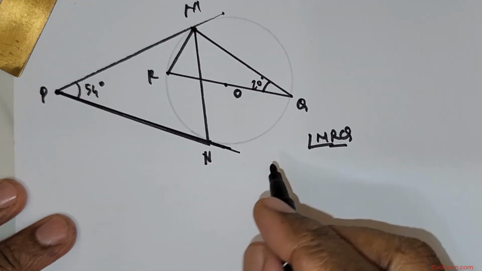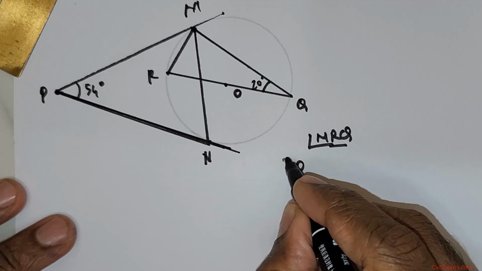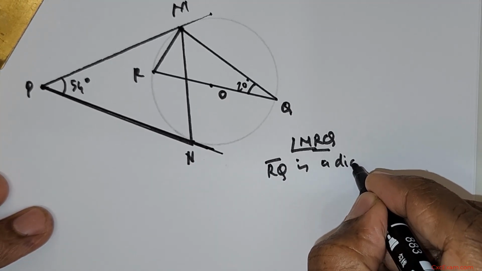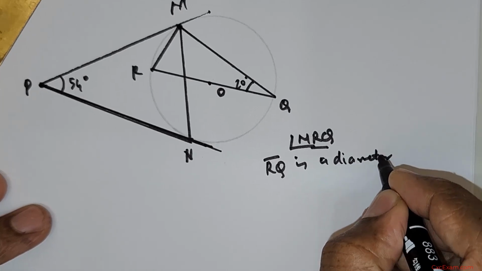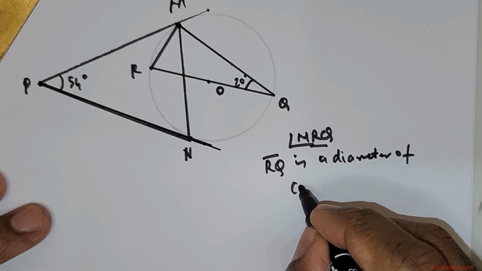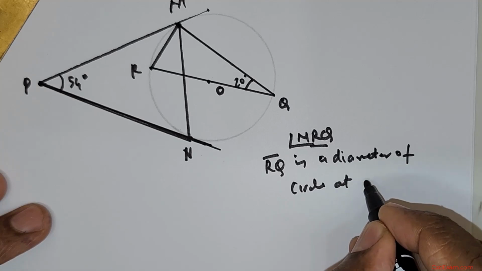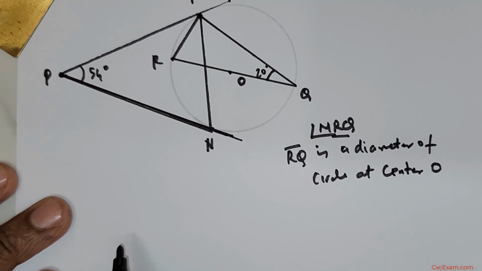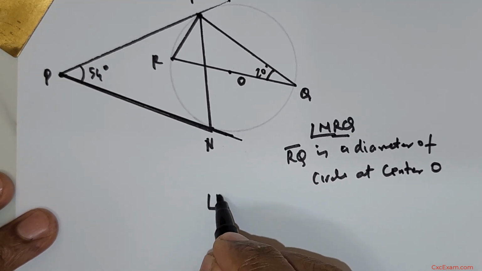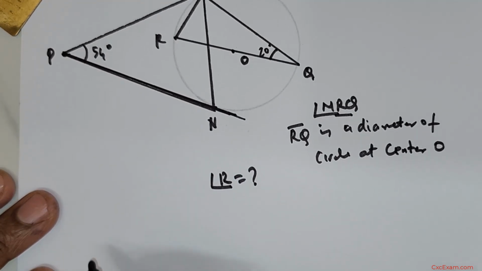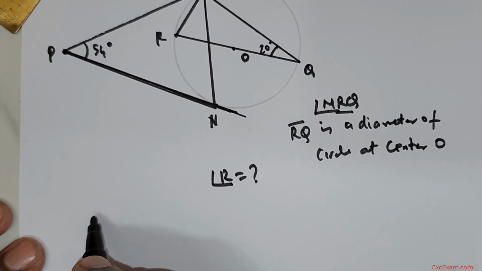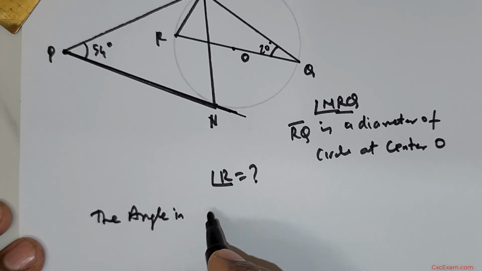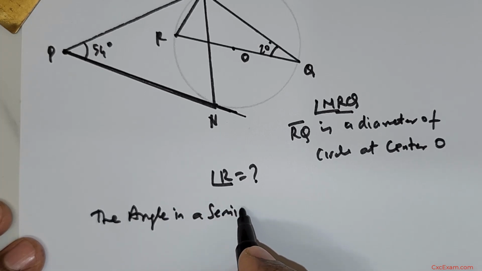Now we are given that RQ is a diameter of the circle, diameter of circle at center O. Now we need angle at R. Now I'm going to utilize a theorem that is called the angle in a semicircle theorem.